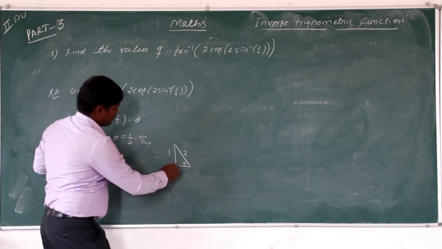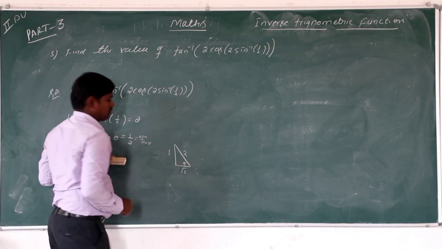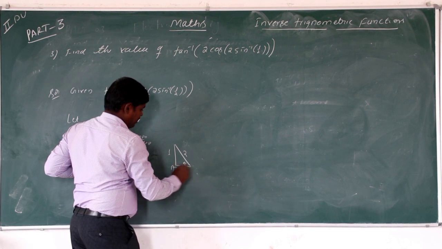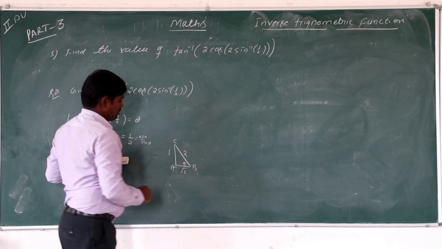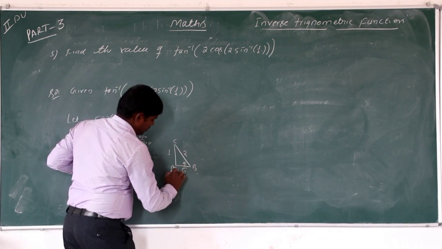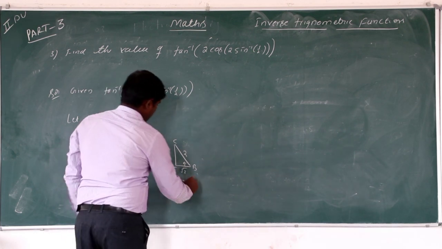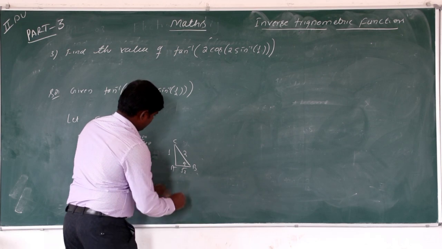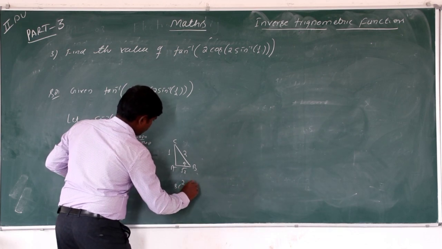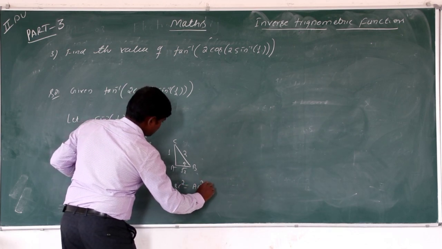That is root 3, because suppose the triangle is A, B, C. We need to find AB square. We already know BC whole square is equal to AC square plus AB square.